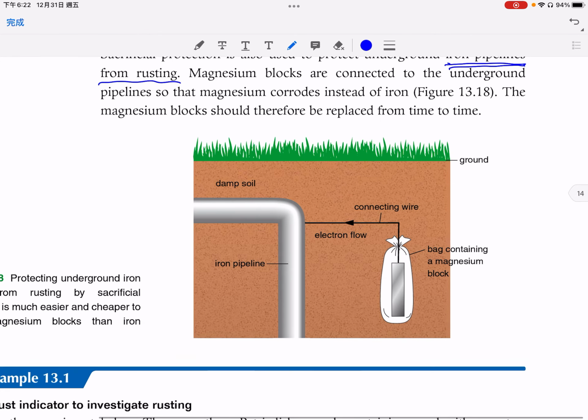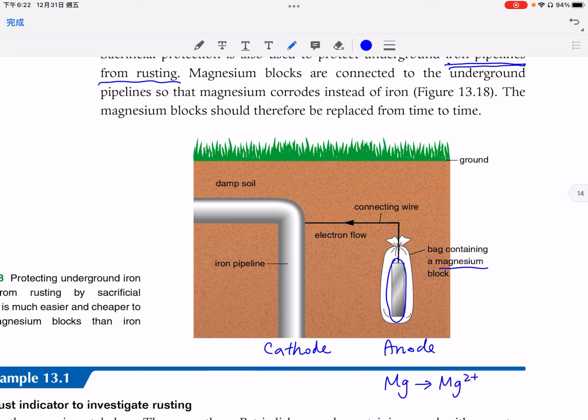Magnesium here being the anode, as it is connected to iron. Iron is the cathode. So magnesium is going to lose electrons to give magnesium ions. Therefore, electrons keep flowing along this direction, getting into the cathode.